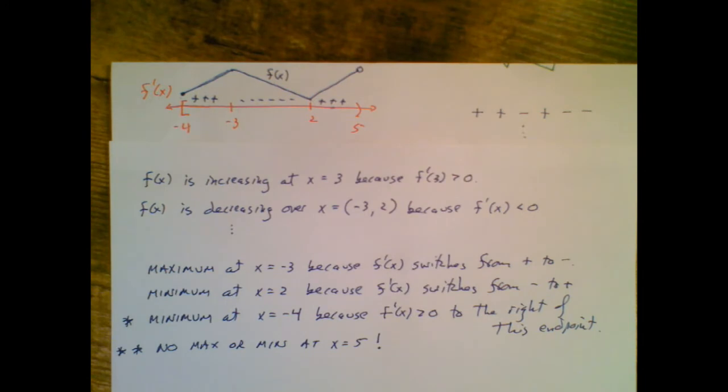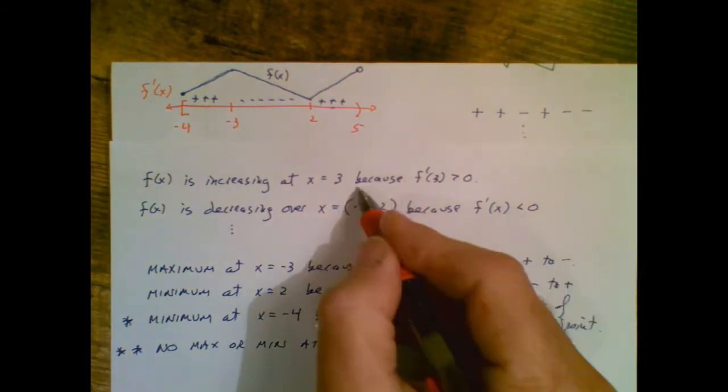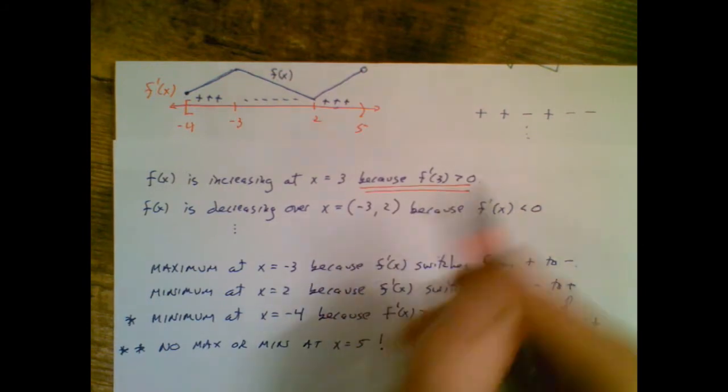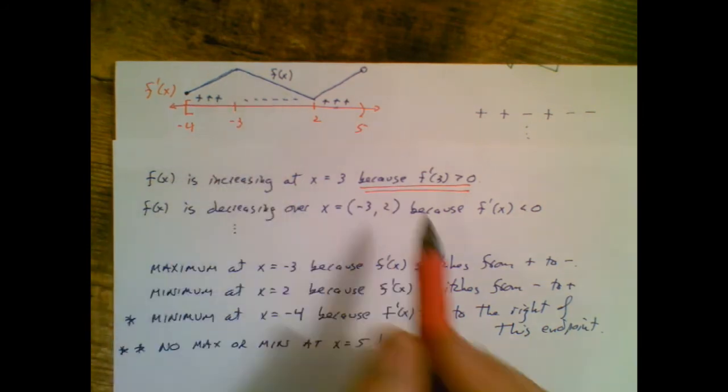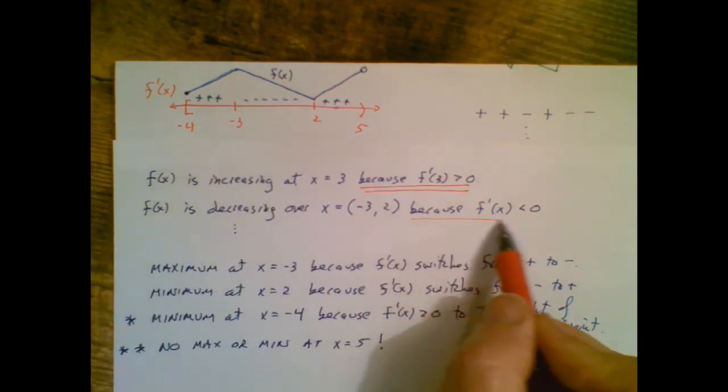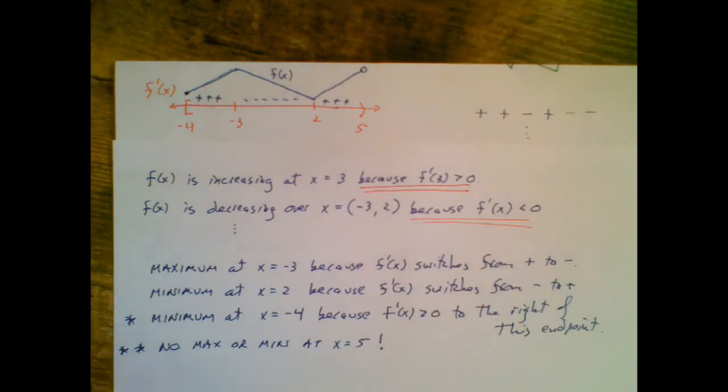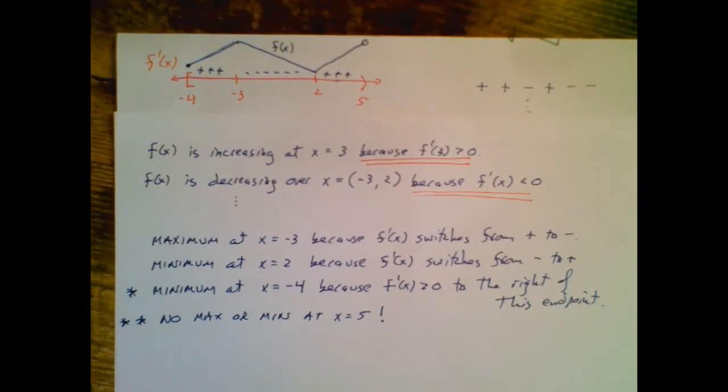The part I'm going to underline in red is the AP justification. All right, so you get the idea. Here's a decreasing region. There's my AP style justification. Many times they won't give you credit if you don't have that justification.